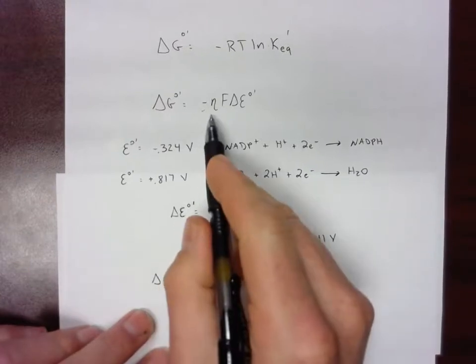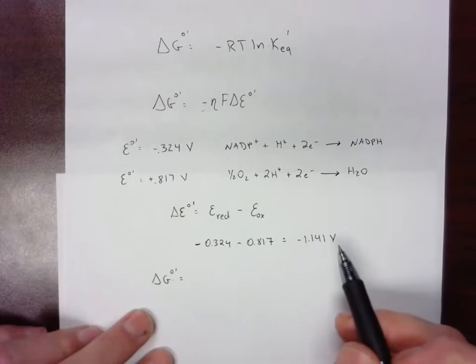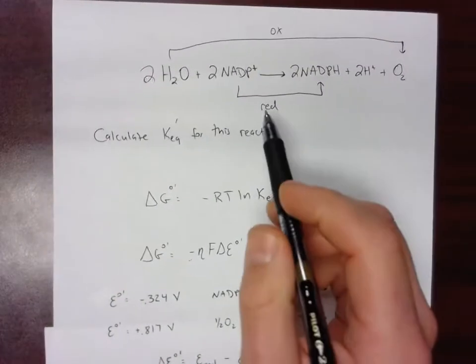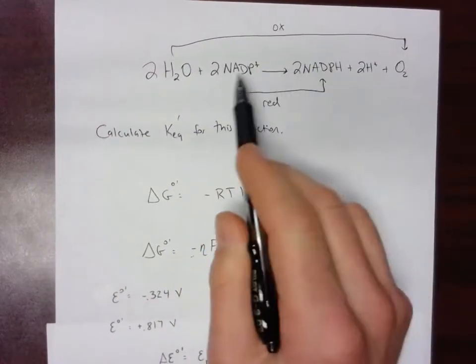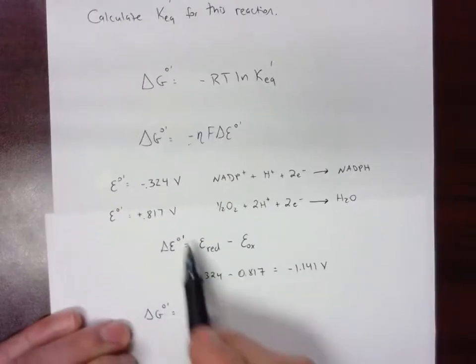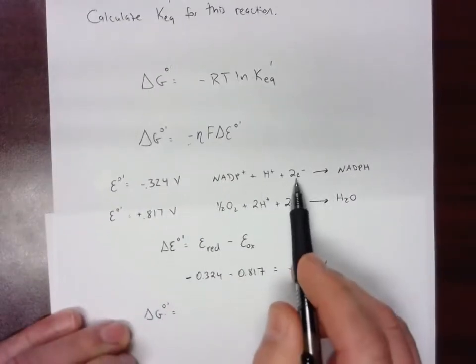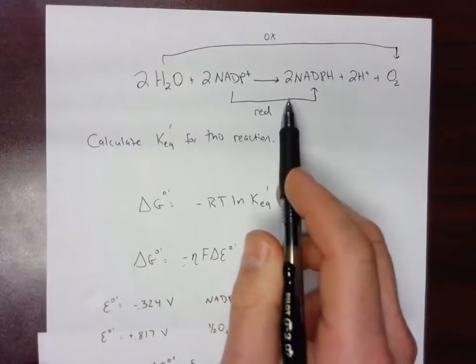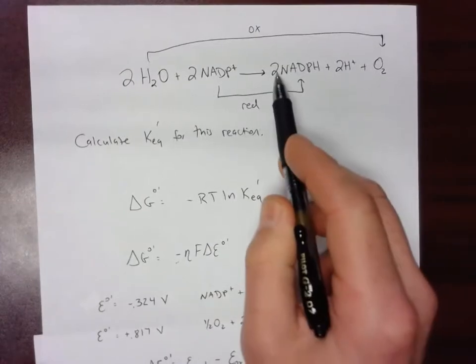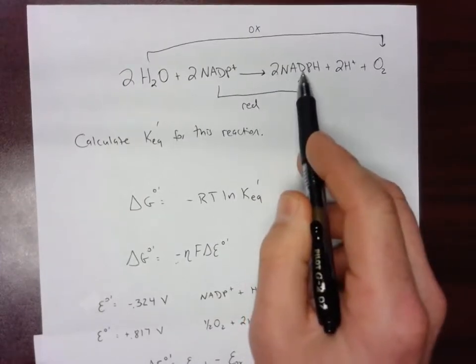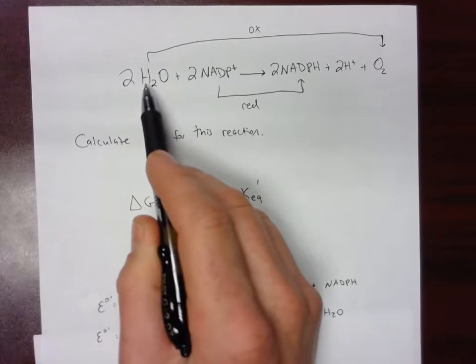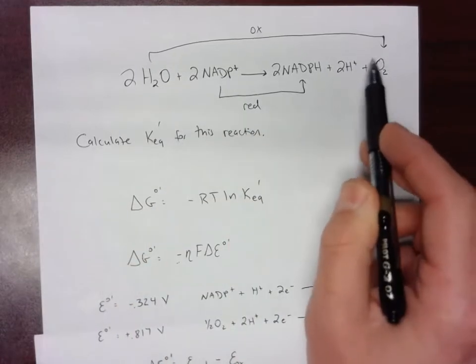In order to calculate the delta G though, let's go ahead and plug everything in. Our n in this case is the number of electrons. And since the number of electrons in this reaction is more than it is here, because our coefficients are 2, we need to double them. So we have 2 NADPH that are required in order to oxidize 2 waters into 1 oxygen.